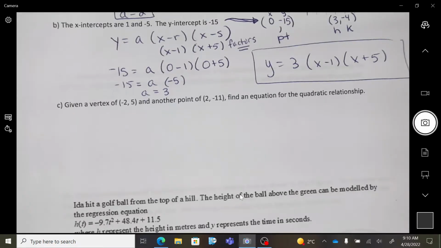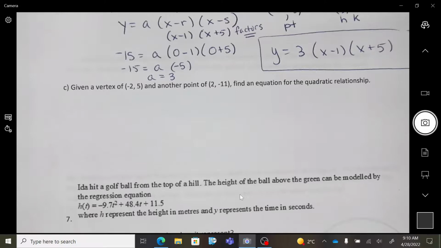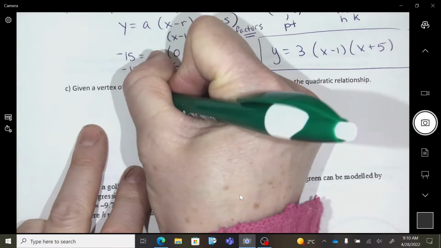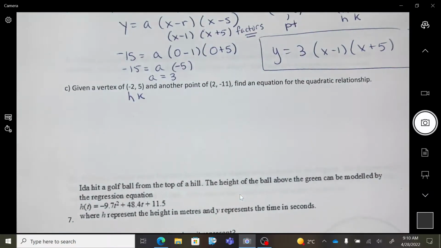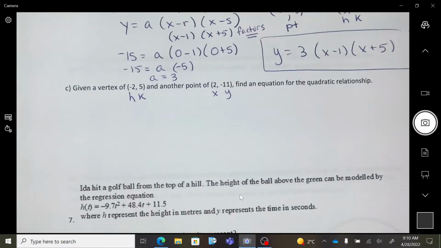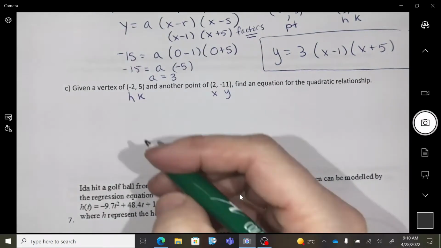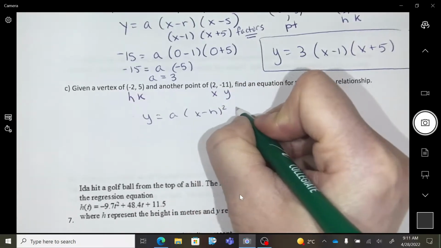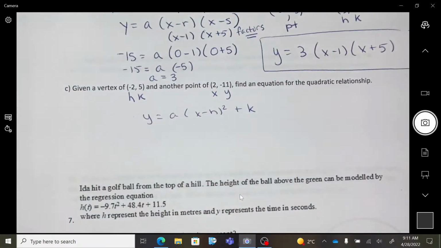Okay, C is kind of like question 6a. Vertex, HK, and I have another point, so that would be an XY. So I'm going to fill into the vertex form equation.